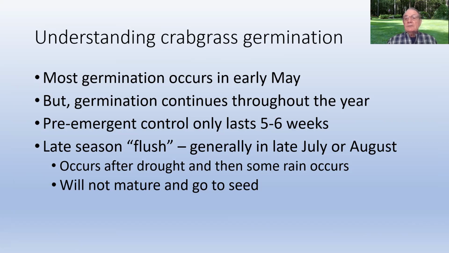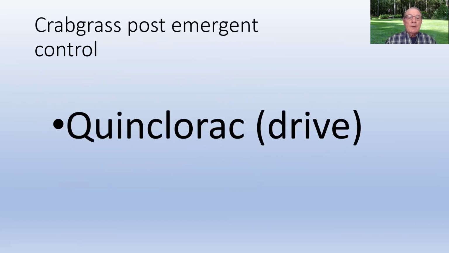This crabgrass germinating late in the season generally will not mature and go to seed and be a problem for customers. So it's the early season, the early May crabgrass that is germinating right now that we're most concerned with. And if you recognize it as crabgrass, now is the perfect time to control it before it becomes a major problem.